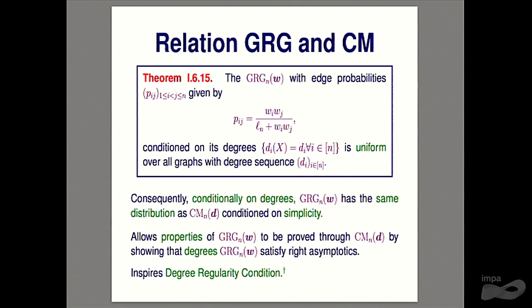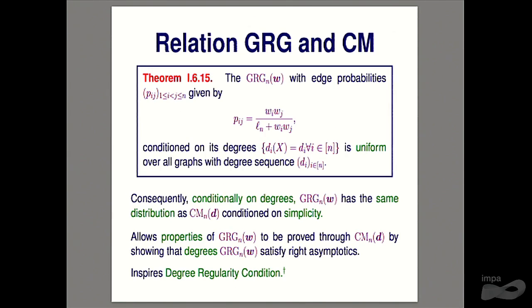And again, think of my graph as corresponding to my vertices and a collection X, where X is this X_ij, 1 ≤ i < j ≤ n, strictly less than j because my graph is simple.